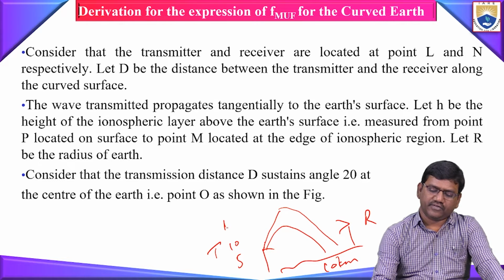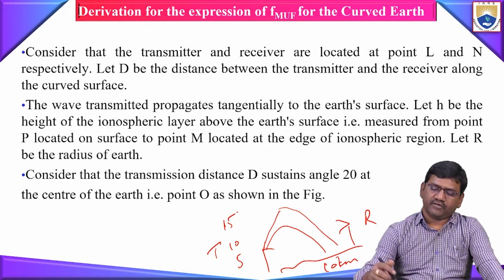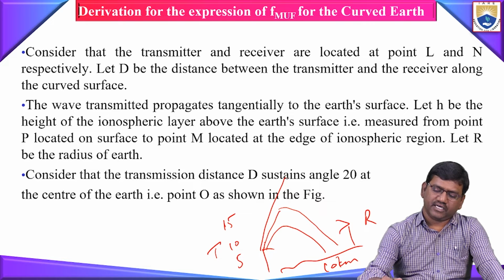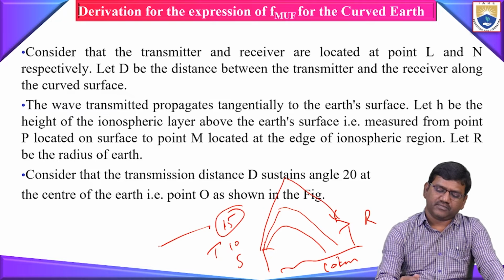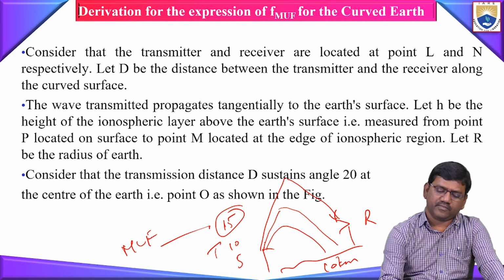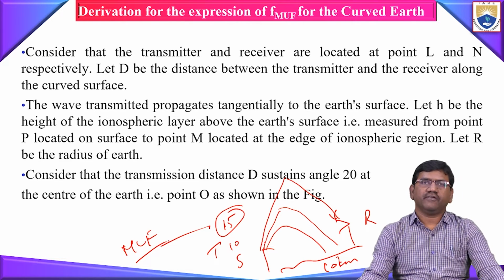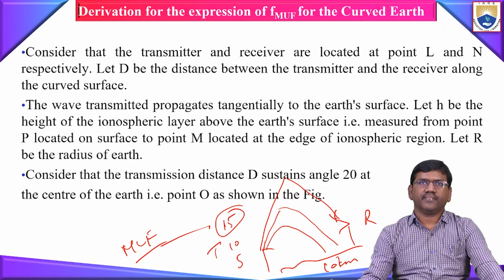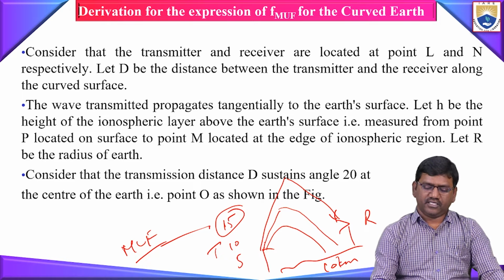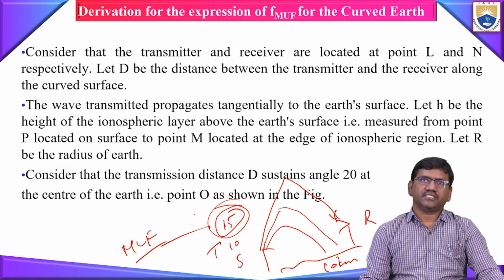If you increase the frequency to 15 megahertz, it will go directly to the ionospheric region and come after reflection to the receiving antenna. So here 15 is taken as MUF. That is the maximum usable frequency at which a wave is reflected from the ionosphere exactly towards the receiving antenna. Here in our example, 15 is taken as MUF.